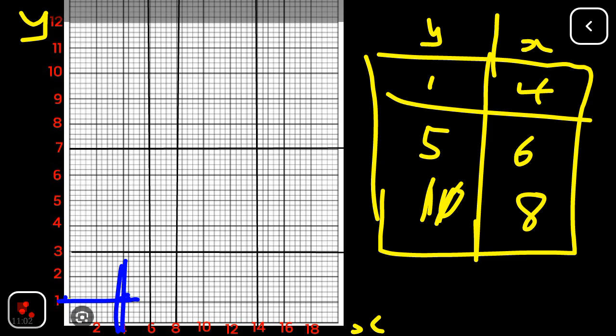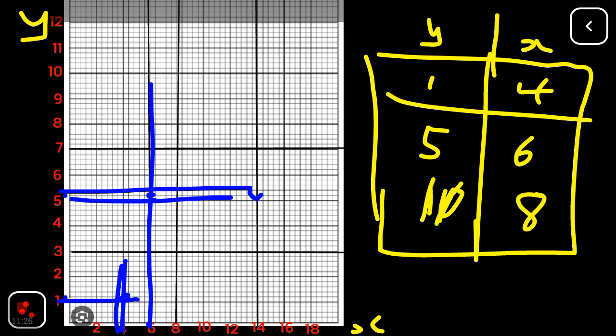And again, when y is equals to 5, where is 5? Here it is. x is equals to 6, here it is. So where did they meet? You can follow it here. This is actually the one I'm talking of, right?